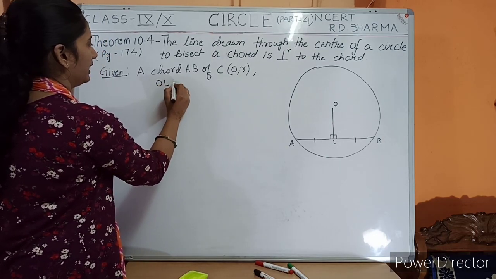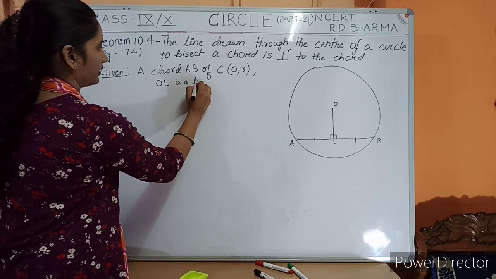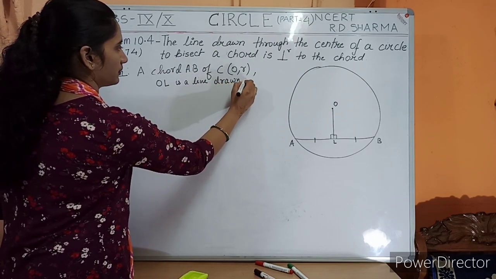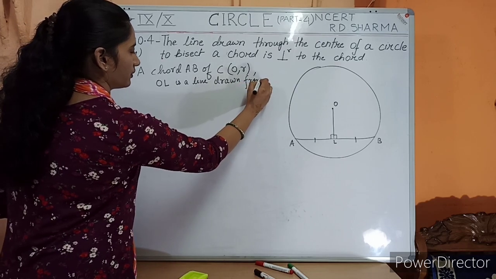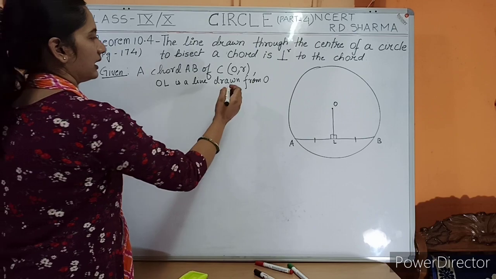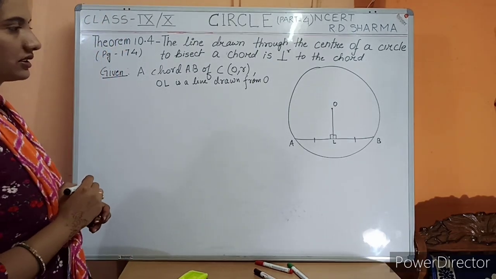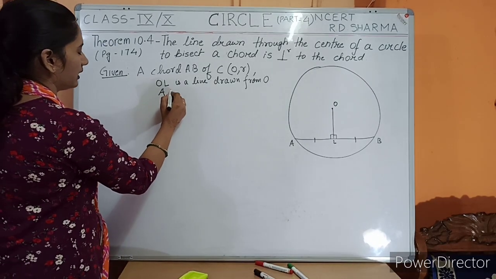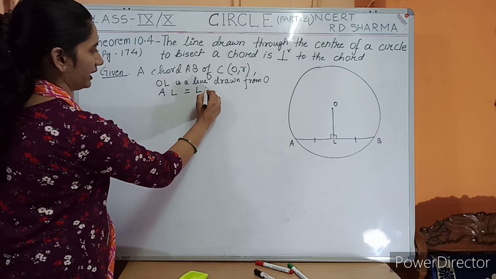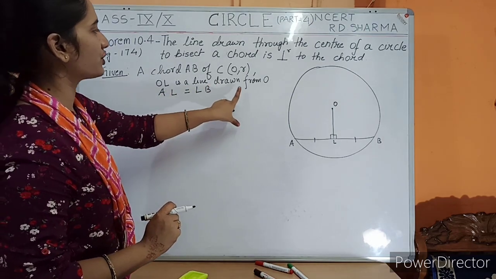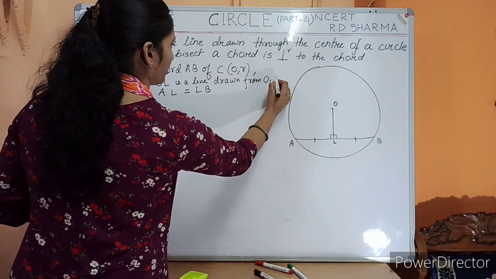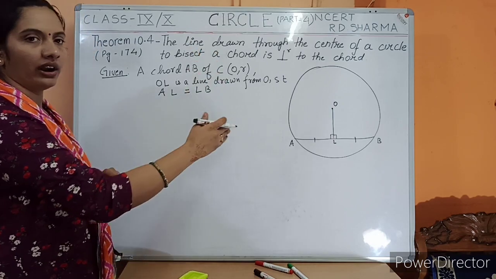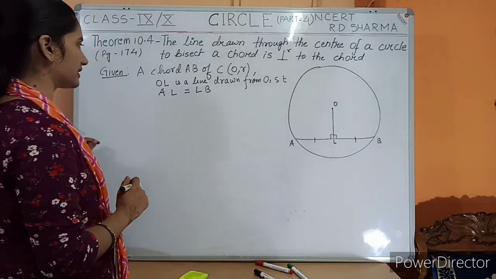OL is a line drawn from O, and what else is given here? AL is equal to LB. OL is the line which is drawn from O such that AL is equal to LB, means OL line is bisecting the chord. This thing is given to us.